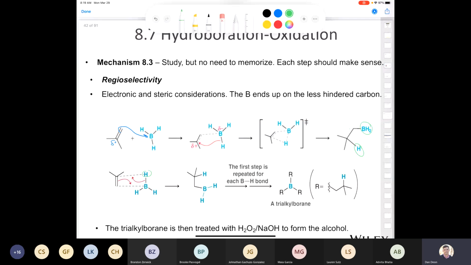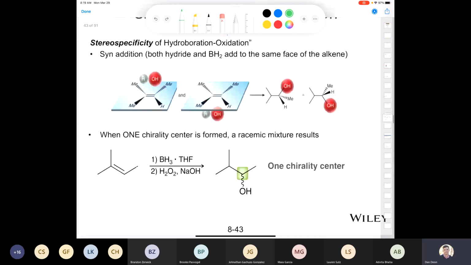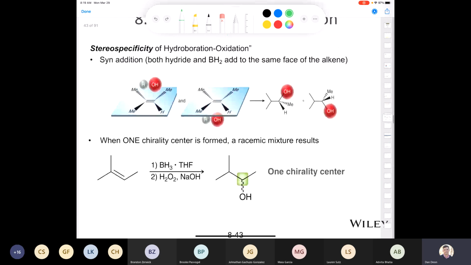The hydrogen is getting added here, the boron is being added here, and again, I told you that the boron just ends up getting replaced by the hydroxyl. And so that makes sense as to why the hydrogen and the hydroxyl are added to the same face of the molecule. So if we have a molecule like this one here, you see that the double bond, both carbons are sp2 hybridized, both are trigonal planar.